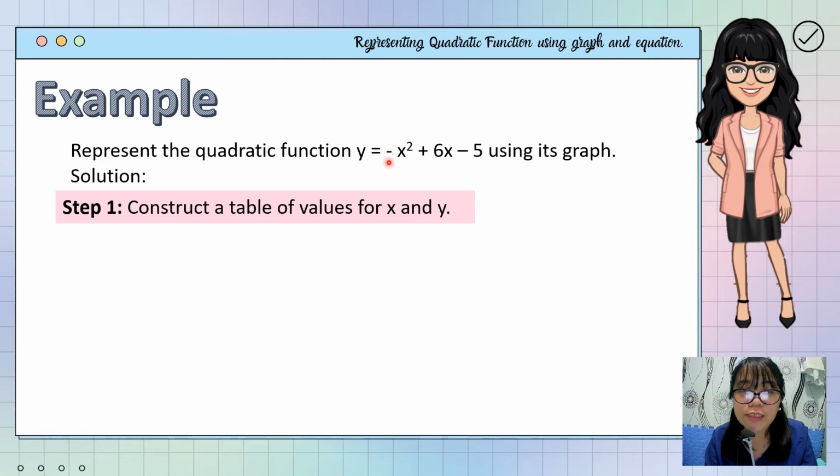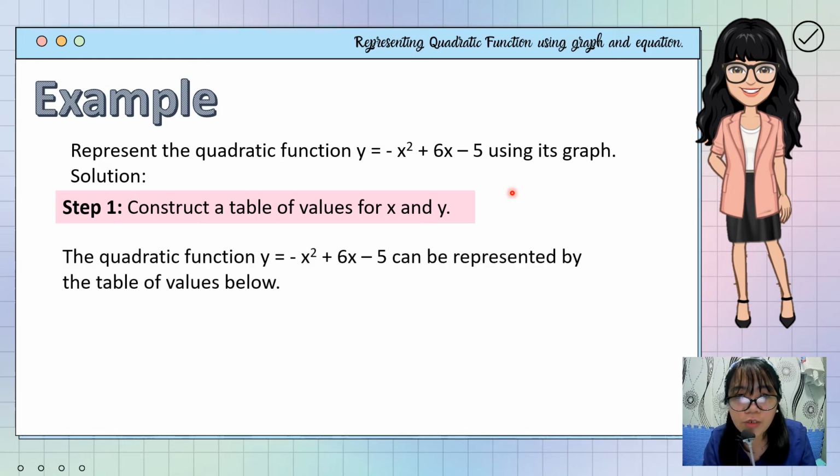If a is negative, the graph opens downward and our vertex is the maximum point. So we will be expecting a graph that opens downward, and its vertex is the highest point on the graph.